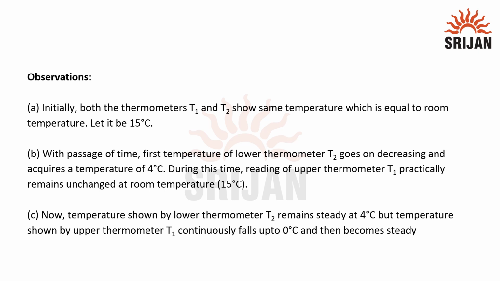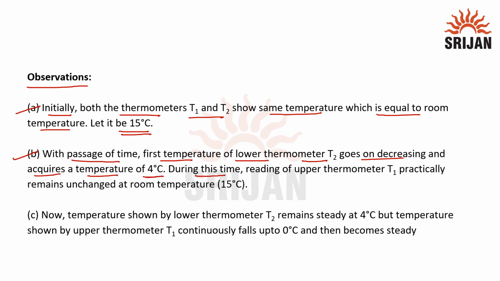Now let's understand the observations. A. Initially both the thermometers T1 and T2 show the same temperature, which is equal to room temperature. Let it be 15 degrees Celsius. B. With the passage of time, first the temperature of the lower thermometer T2 goes on decreasing and acquires a temperature of 4 degrees Celsius.